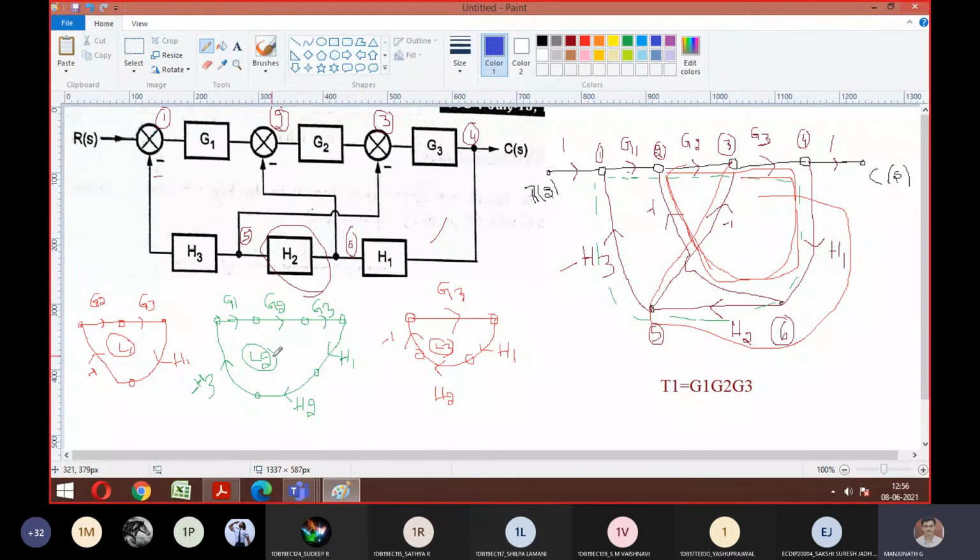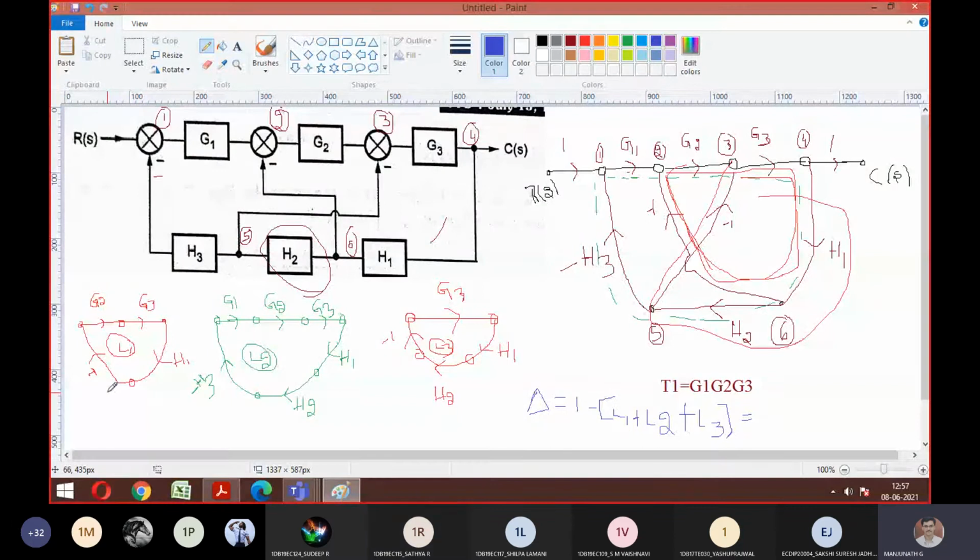So no. Same way I compare with L2, L3, no. Then we can conclude, so we can have a formula for delta as what? Delta is equal to 1 minus the summation of all the individual loops. So it is L1 plus L2 plus L3. The remaining non-touching loop concept is not there. So we can conclude this itself is delta. So you have the answer for everything, right? So L1 answer is what here? It says minus G2, G3, H1.